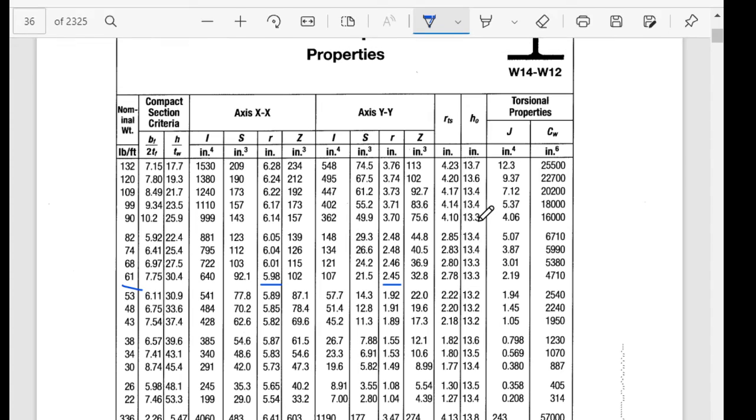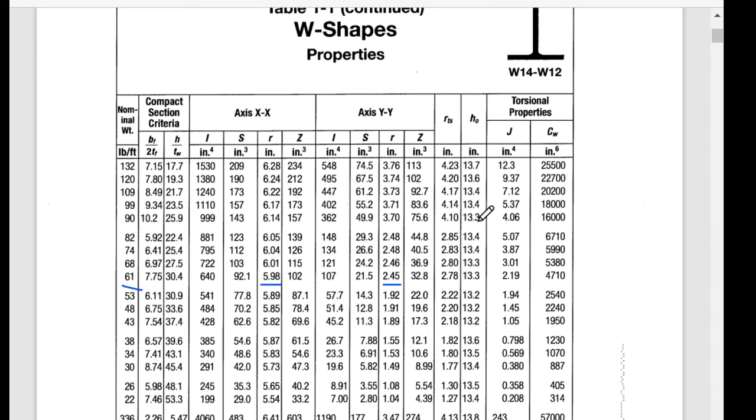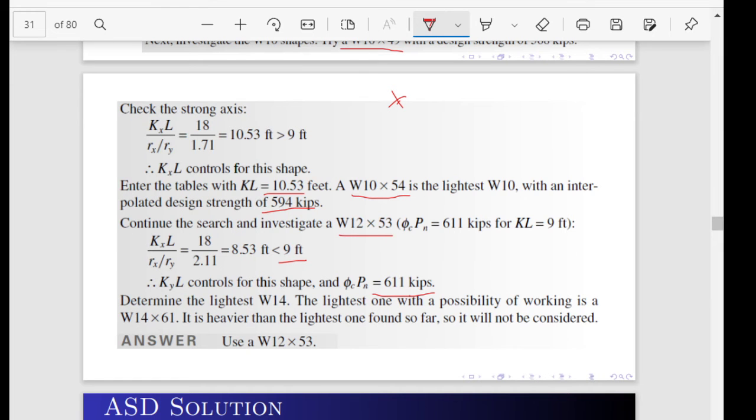Computing the ratio, 5.98 divided by 2.45, we get 2.44.